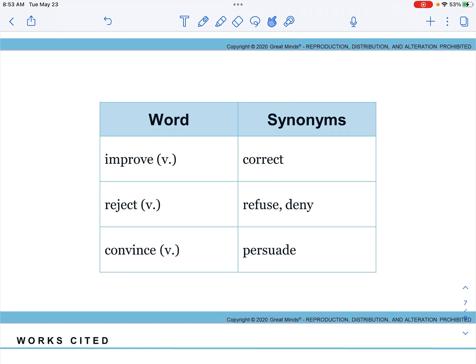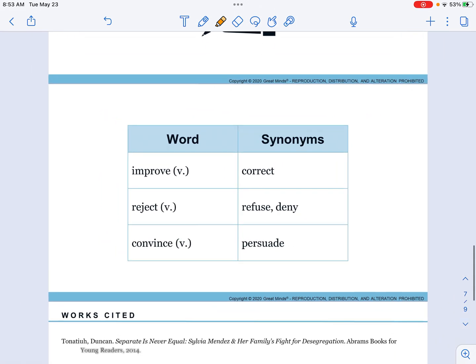So that brings us to our definitions with our words. So convince does mean to persuade or try to get someone to do something, to cause someone to believe or accept something. So in your notebooks, we are going to add these words with their definition.